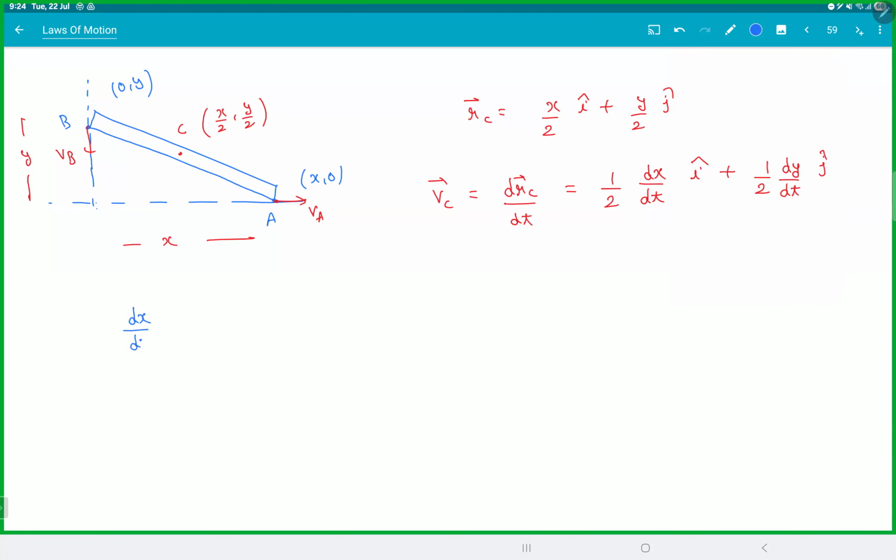So dx by dt is nothing but velocity of A, which is u. dy by dt is minus VB because y is decreasing. This is minus u cot theta. You're done. Substitute here. Therefore, velocity of C will be u by 2 i cap minus u by 2 cot theta j cap.